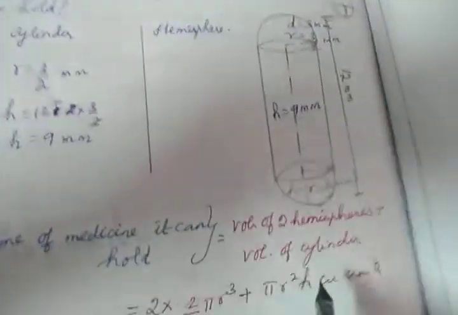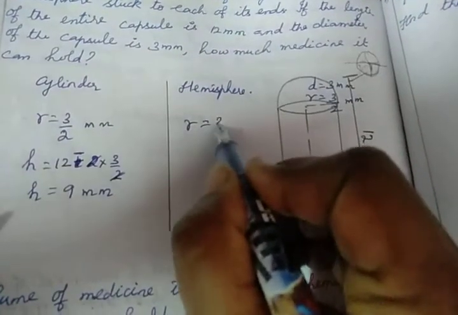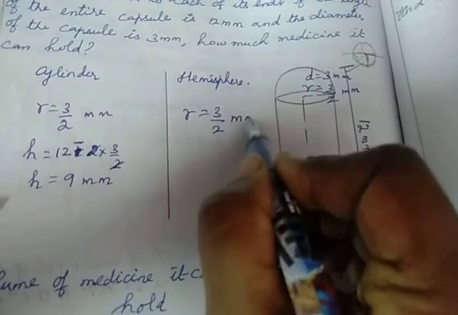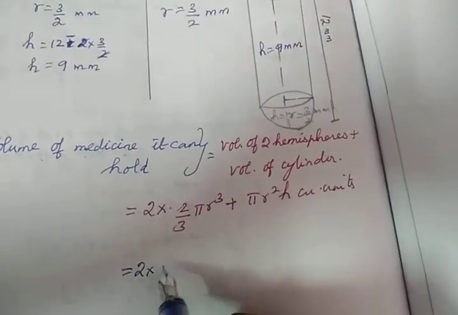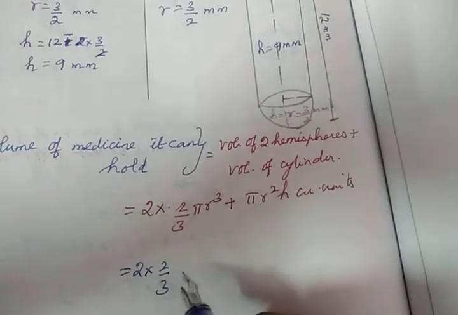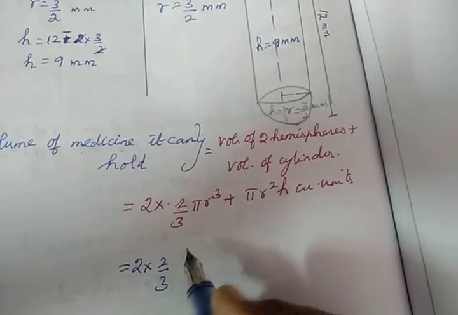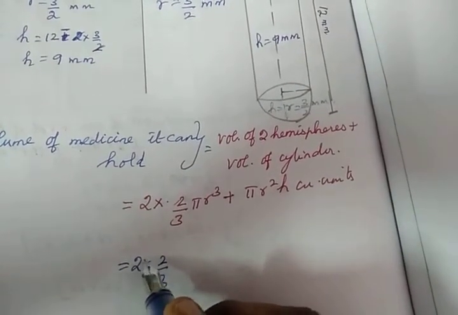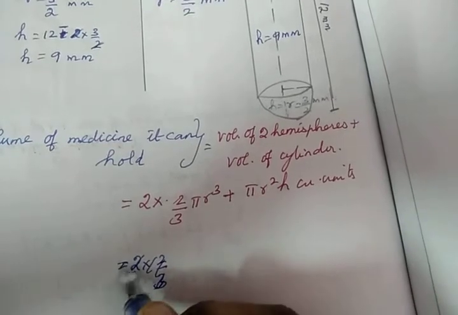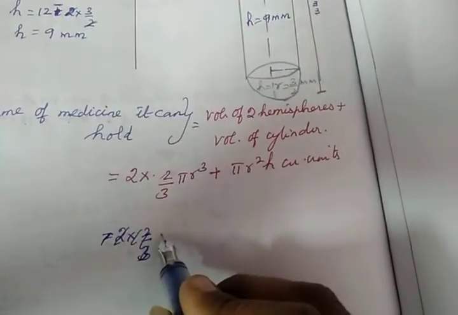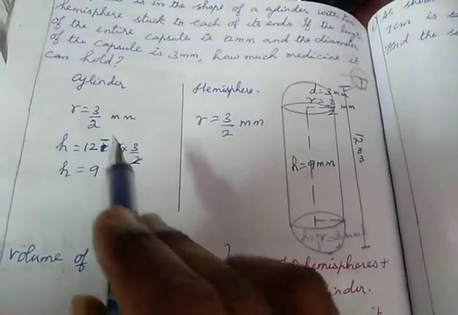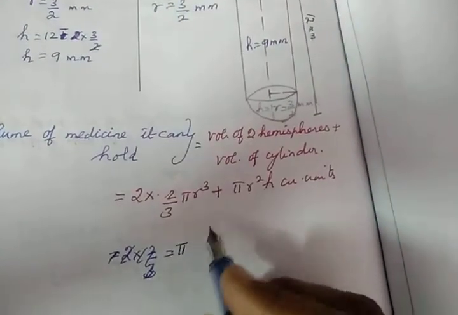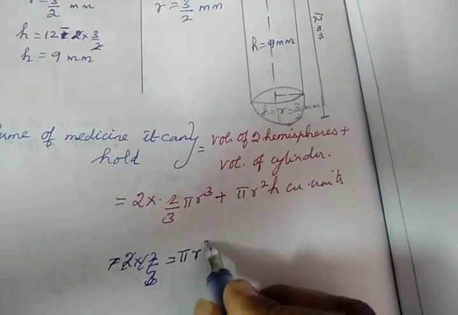Now hemisphere, what else do I need? I need r only. So r is already there, 3 by 2 millimeter. If you substitute in the formula, we can find the answer. So 2 into 2 by 3 pi r cube plus pi r squared h. I'll take the common parts outside: pi, and r squared I can take outside.